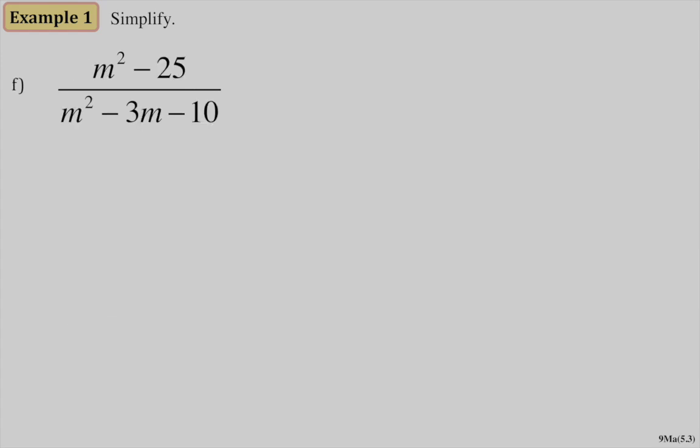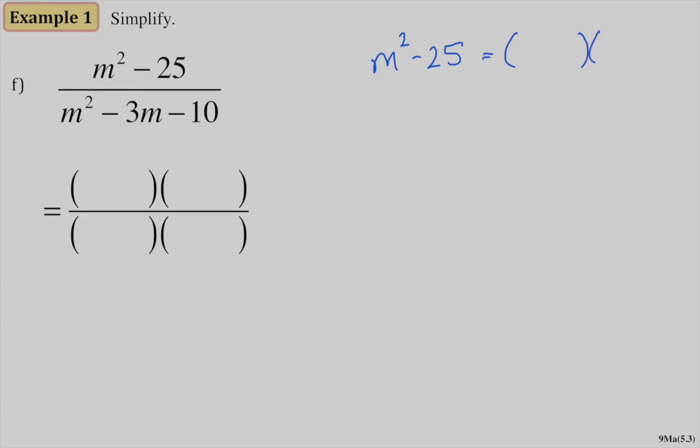Let's try part F. A fraction. Do the top of the fraction and the bottom of the fraction as separate questions. So let's rewrite this. On the top, that's a special type of question that we're dealing with there. If I said m squared take 25, I'd say that's a difference of 2 squares.